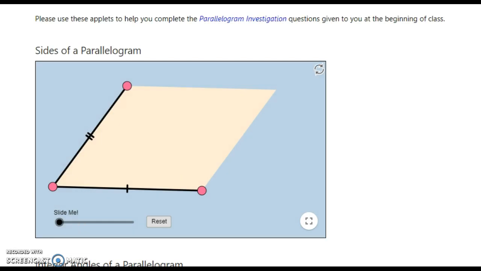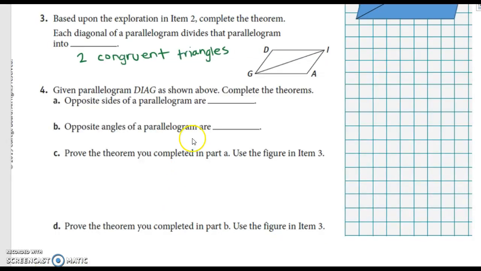So if we take this and slide this over, you notice that opposite sides are what? Can you fill in that theorem now? Again, if you want to look at the applet, you'll notice that the opposite sides of a parallelogram are congruent. Very good.